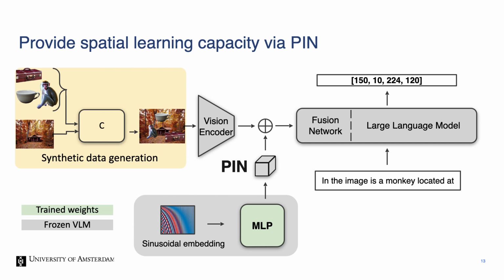The parameters of the spatial prompt are optimized, which come from an MLP, and the input for the MLP is a constant sinusoidal embedding. We use the self-supervision signal from pasting objects to optimize the MLP parameters, resulting in an input agnostic PIN for this specific vision language model.